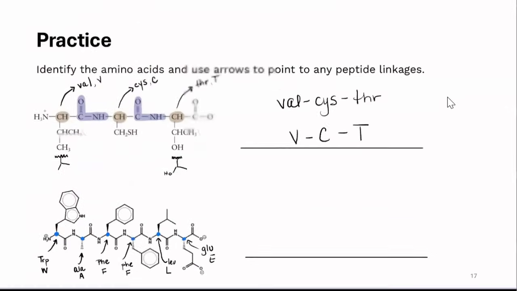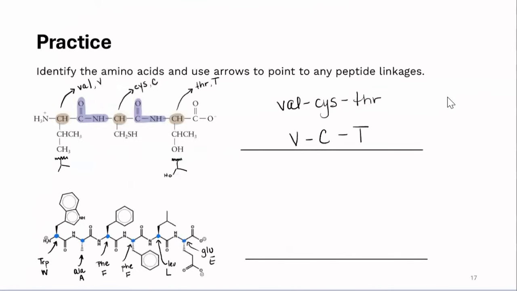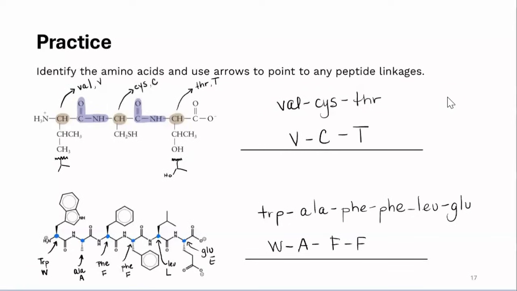So when I write my final answer, I write TRP, ALA, PHE, PHE, LEU, GLU, and that corresponds to W, A, F, F, L, E. You may have noticed that that second peptide actually spells a word.